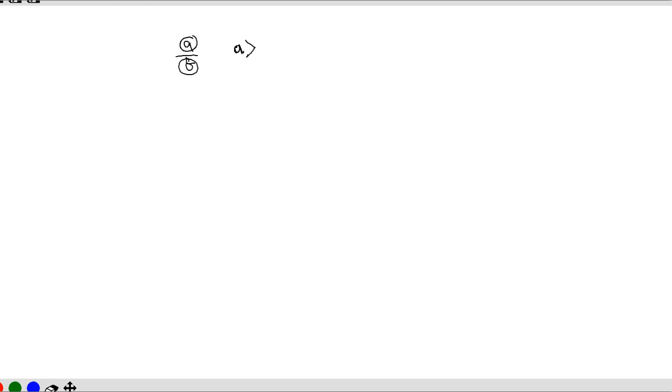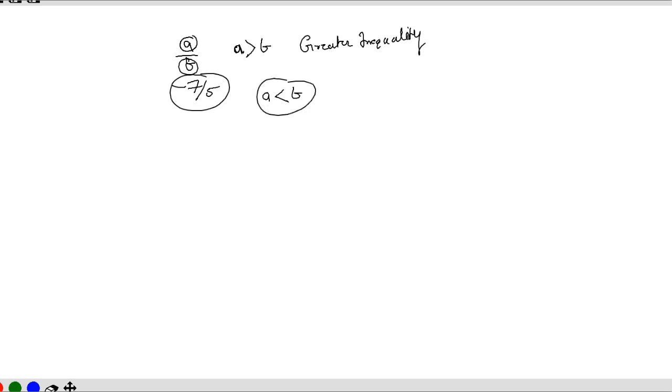A यानी फर्स्ट टर्म अगर सेकंड टर्म से बड़ी है तो इसको बोलेंगे हम ग्रेटर इनइक्वालिटी. फॉर एग्जाम्पल 7/5 इज अ ग्रेटर इनइक्वालिटी बिकॉज फर्स्ट टर्म इसमें बड़ी है. इसी तरह से if the first term is less than the second term, it is called less inequality. For example, 3/5, इसमें first term 3 है, second term 5 है, तो first is less than the second, so it is called less inequality.